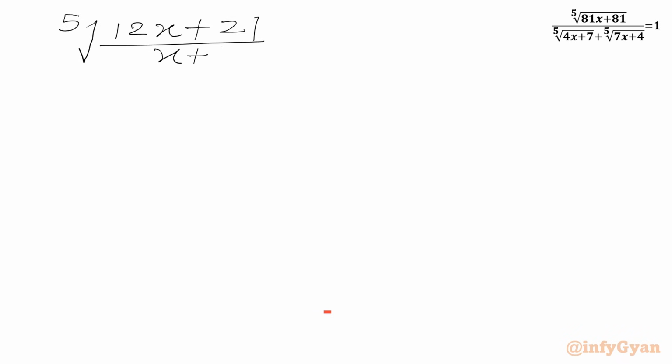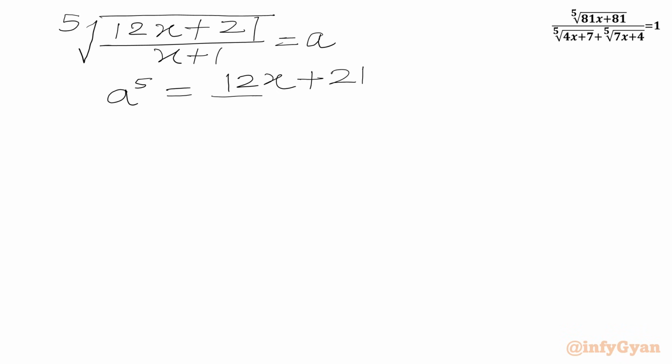So I will write fifth root of 12x plus 21 over x plus 1. If this is equal to a, then I can write a power 5 will be equal to 12x plus 21 over x plus 1.